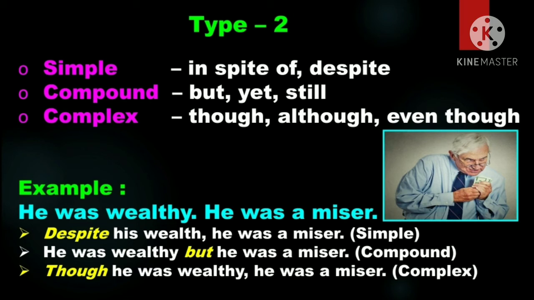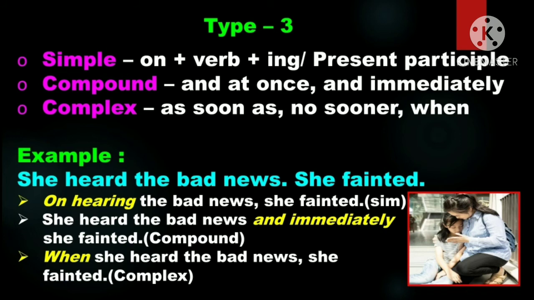So, when it goes to complex sentence, then we should use it as "Though, although, or even though he was wealthy, he was a miser." Got it? Yes. The next one is type 3.